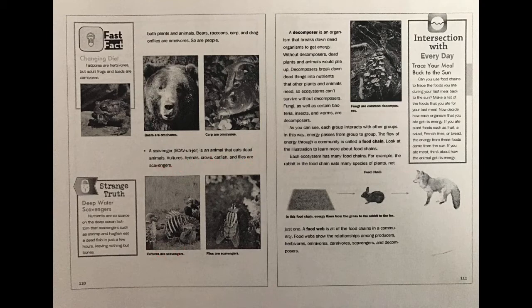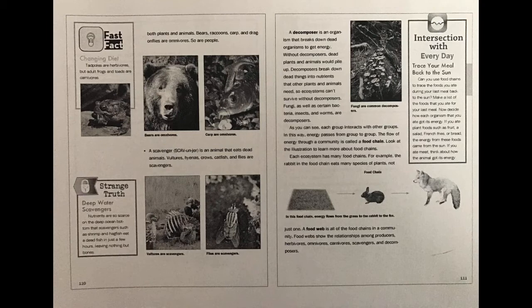And down here we can see scavengers eating something that had died there. You can see its ribs and its backbone, so you know that it's already dead. Okay. Flies are also scavengers. And if you look over here, there are deep water scavengers. Look at that. They even live in the ocean.